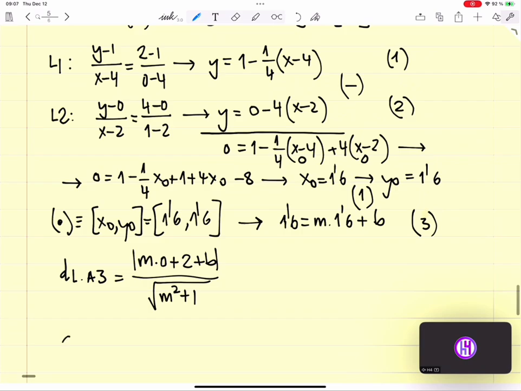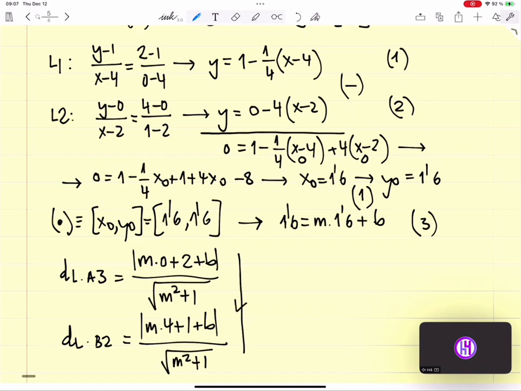And the distance between L and B2 equals m times 4 plus 1 plus b, over square root of m squared plus 1. So as a result, you get that m times 0 plus 2 plus b equals m times 4 plus 1 plus b.